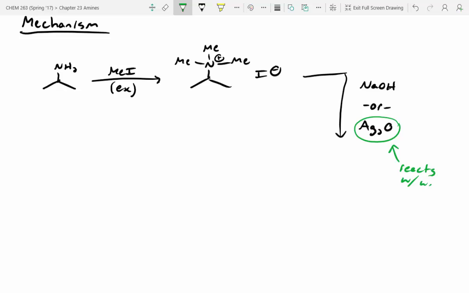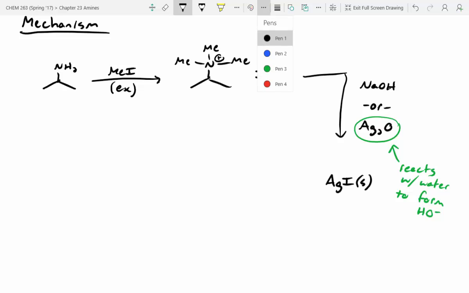With water to form hydroxide. And then the silver is going to react with the iodide to form AgI, so silver iodide. And this is going to be a solid. This will precipitate out.